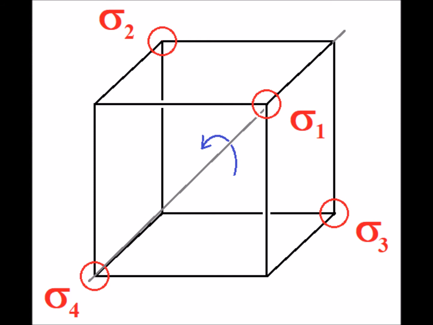There is C3 and then C3 squared, where we do 2 C3s in a row, which is identical to doing a C3 in the opposite direction. So again, C3 to the minus 1 is often known as C3 squared. And this is the first of the C3 operations.